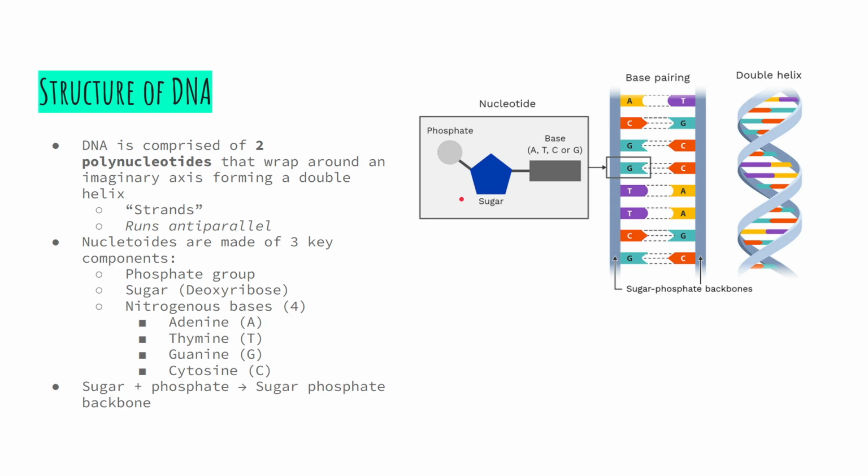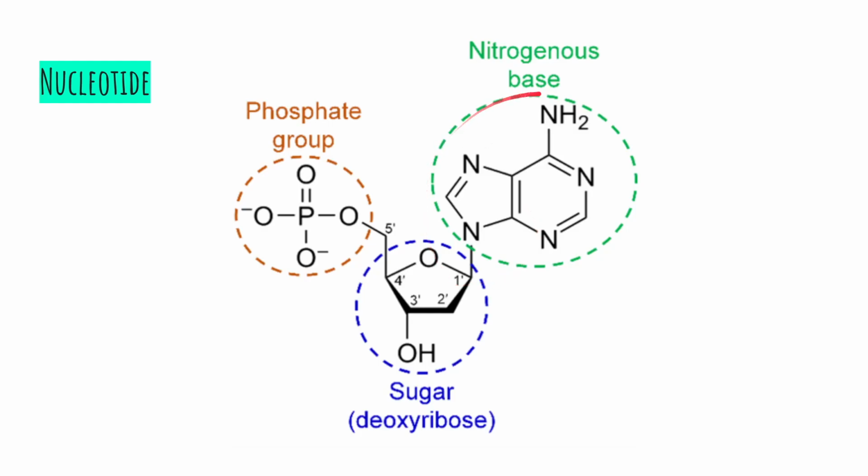But for our backbone, we have our sugar and our phosphate molecule. That is why we call it a sugar phosphate backbone. So here's what that would look like in more of a chemistry lens, looking at the compounds that make it. So our phosphate, that P is where we have our phosphate group.